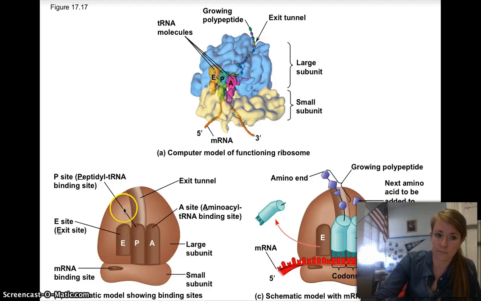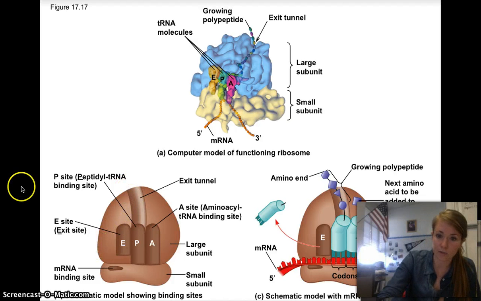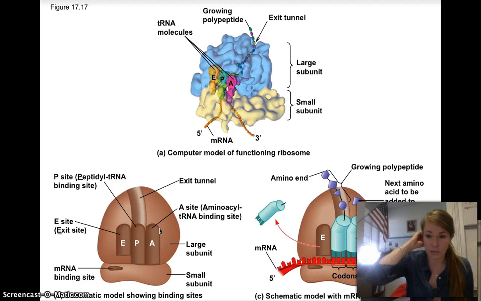There's the exit site, the P site, and the A site. And tRNAs enter the ribosome at the A site. At the P site, they attach their amino acid to the growing polypeptide chain, and then at the exit site, they're moving out. And then down here is where the mRNA binds. So the mRNA moves through the bottom, and then the E, P, and A sites are in the large subunit of the ribosome.